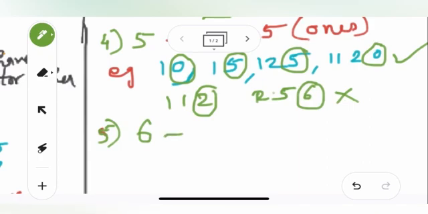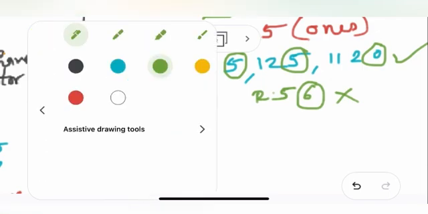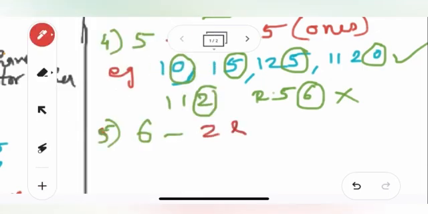That means it should be divisible by both the numbers, 2 and 3. Then only it is going to be divisible by 6.